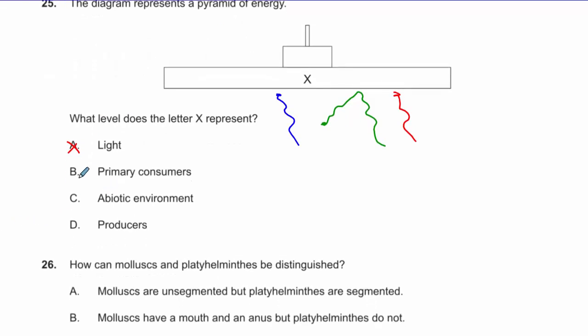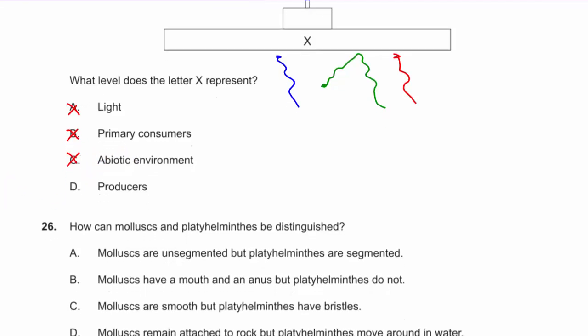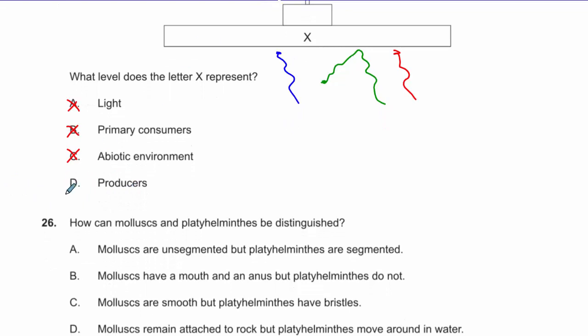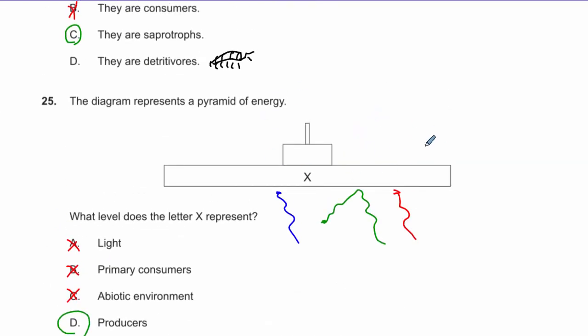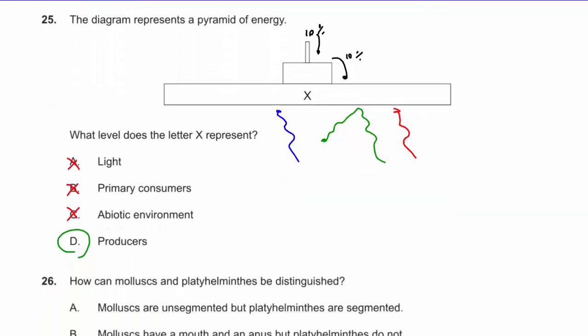Primary consumers like sheep, no. The abiotic environment, no. But producers, yes. So grass, for example, are producers, or algae in the marine ecosystem. And also, when you have a pyramid of energy, every level is 10% of the previous, okay? But if it's a diagram or pyramid of nutrients or something, it can deviate from this principle or norm.